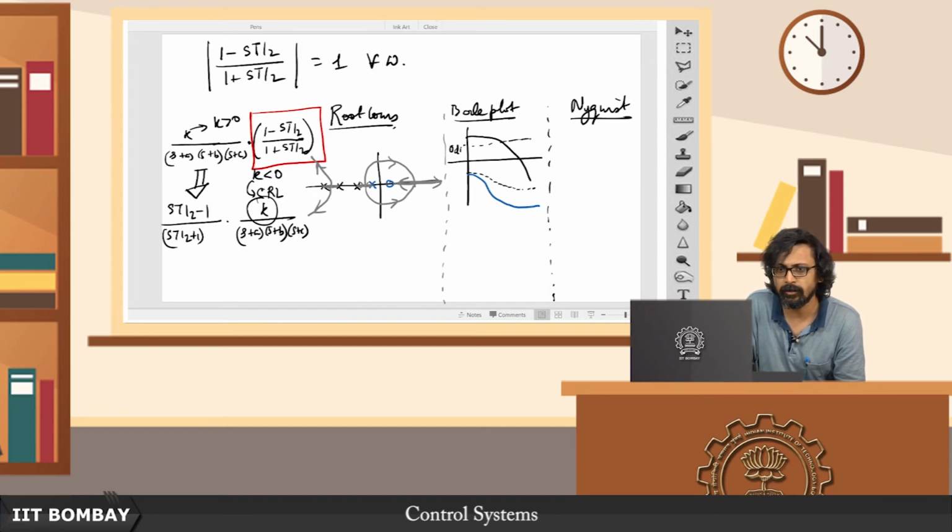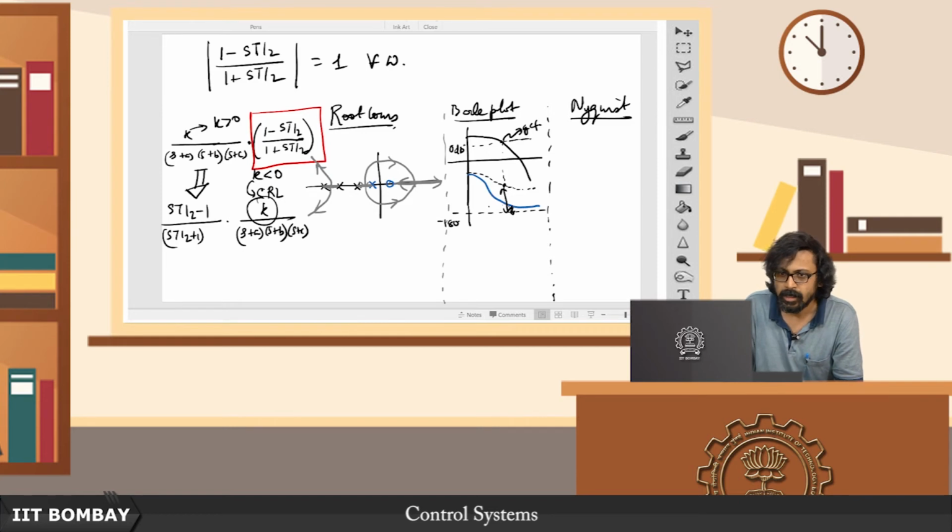So this is still the 0 dB line and this is my gain crossover frequency, but at the gain crossover frequency earlier I had a phase like this, and now this is my minus 180 degrees, so I have a phase of this. If earlier, in the absence of this time delay like term, this Pade approximation of time delay, this was the amount of phase margin I had, now I have only this much phase margin, and that's only to be expected.